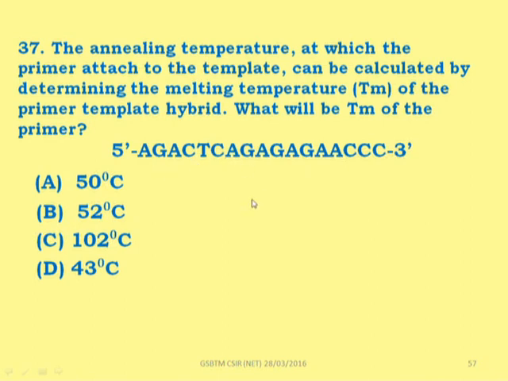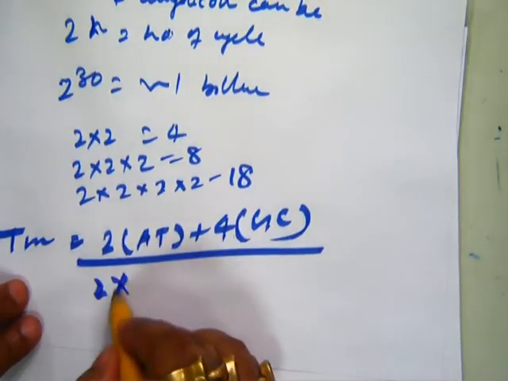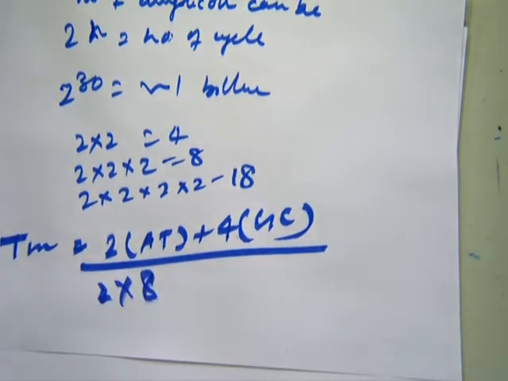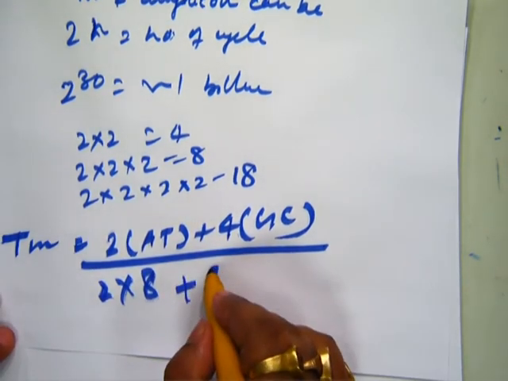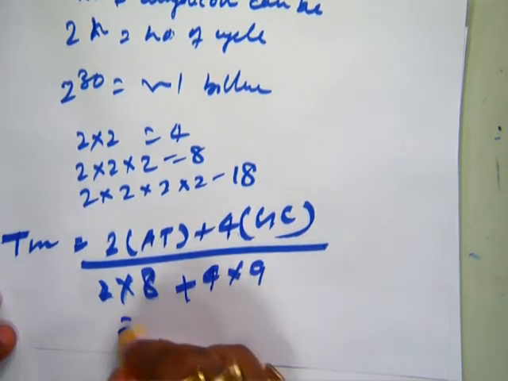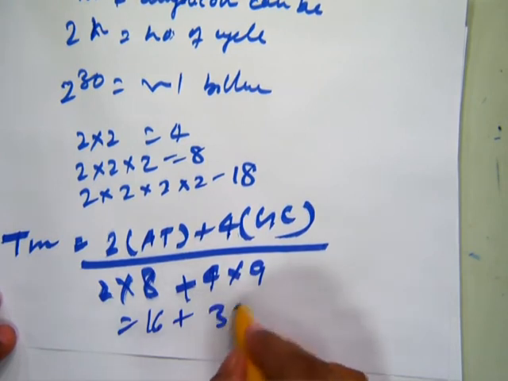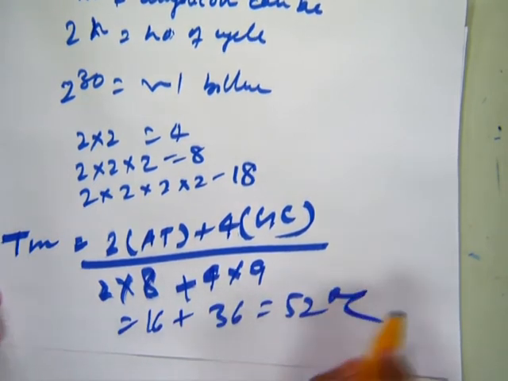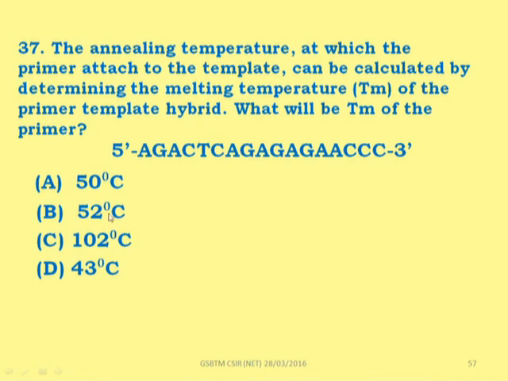So 8 AT, that is 2 into 8, which is 16. And what about GC? 1, 2, 3, 4, 5, 6, 7, 8, 9. So 9 GC, that is 4 into 9, which is 36. So 16 plus 36 will be 52. So the answer is this one, 52. This annealing temperature can be calculated by this method.